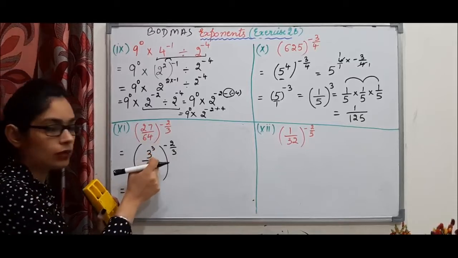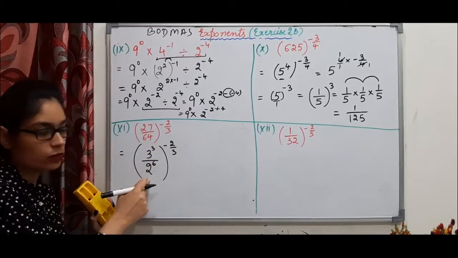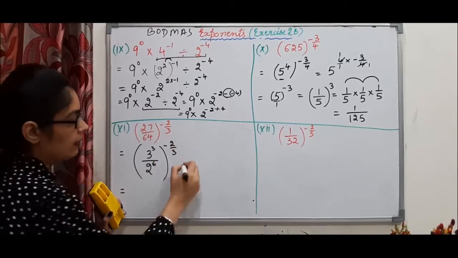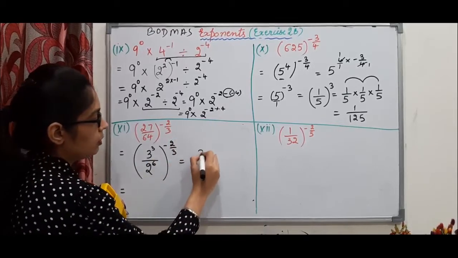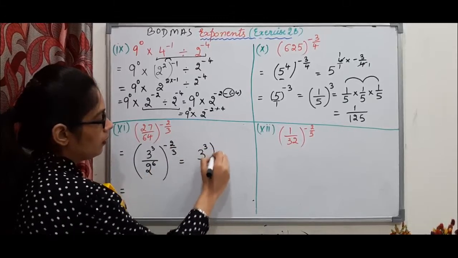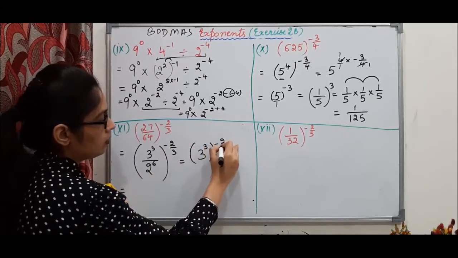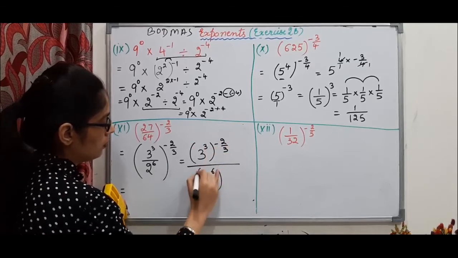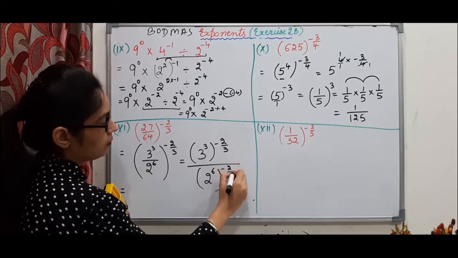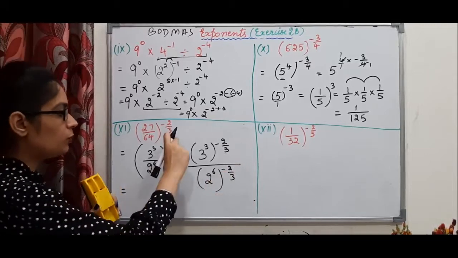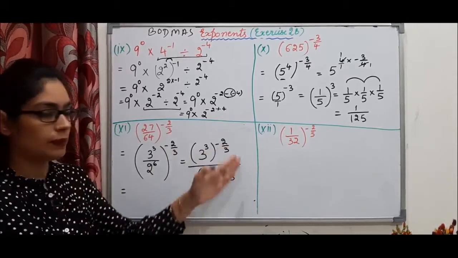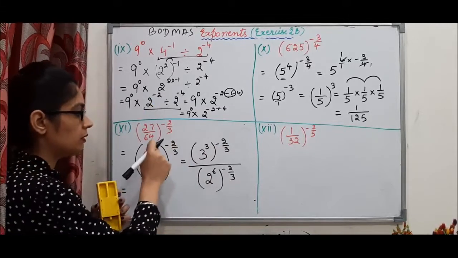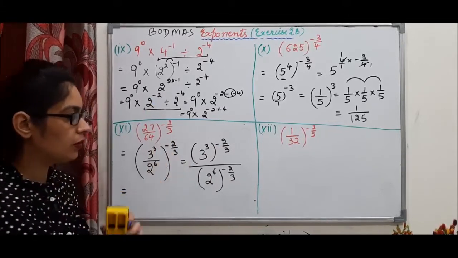See, this 3 is only with this 3, this 6 is only with this 2, but this 2 by 3 is with both. So separately I can write 3 to the power 3 this way, and 2 to the power 6 this way. So what we did, this 2 by 3 power I have written separately because the whole bracket was there. So whole bracket means this power is with this number also and it is with this number also.